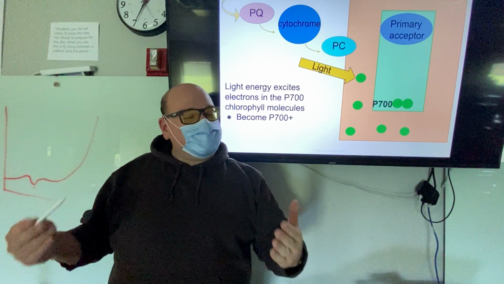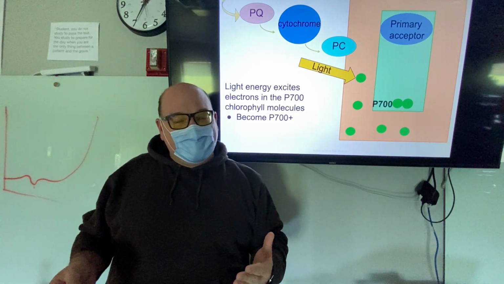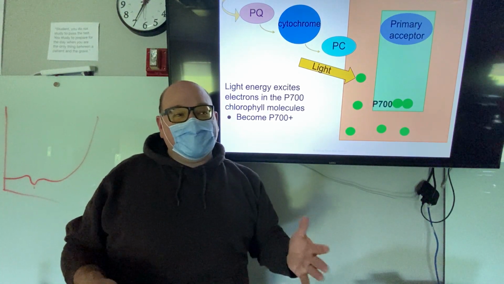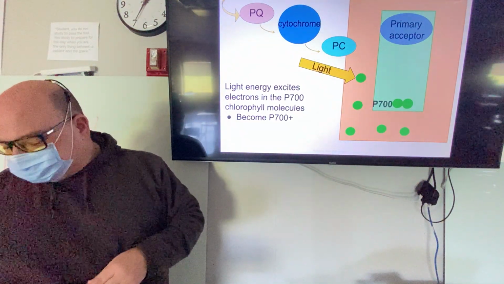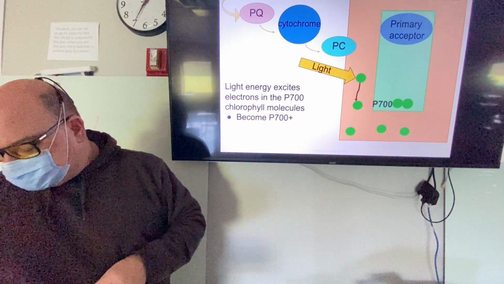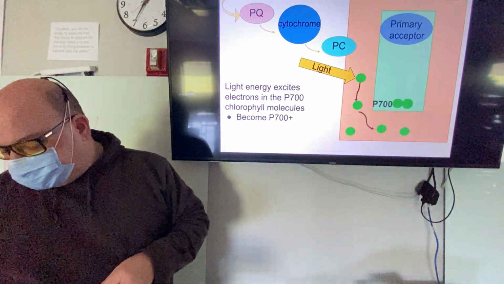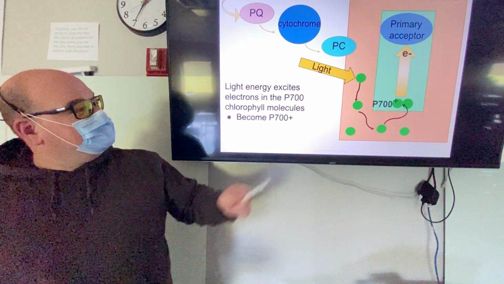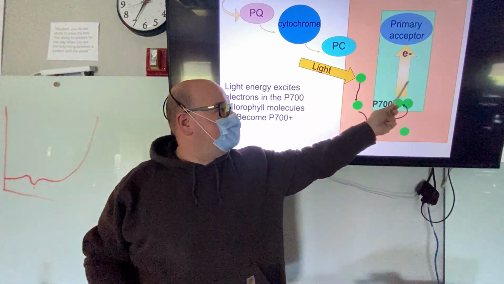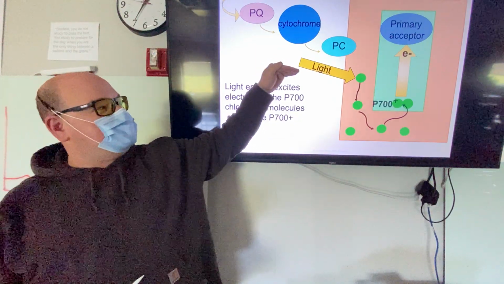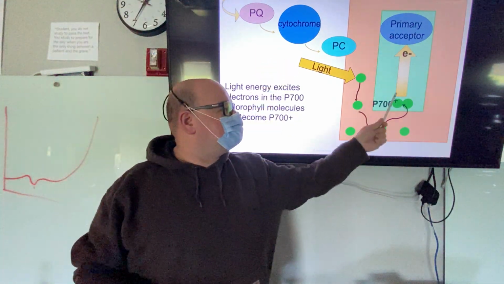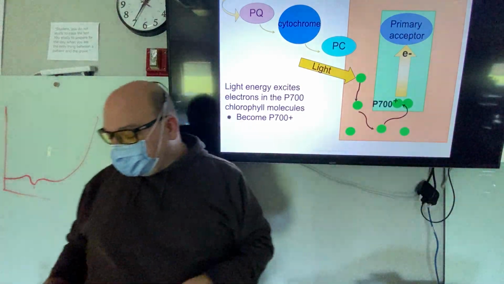So plants can use 2 different frequencies of light, which can be a handy adaptation to have, okay? You can see same arrows we had before. Right here's where we want to pay attention to. We get electrons into an energized state. When they're up in that energized state, they go to what's called the primary acceptor.